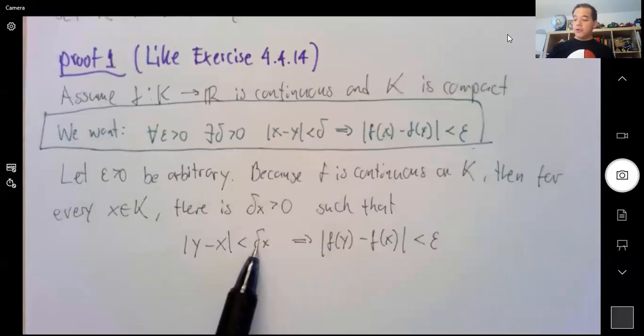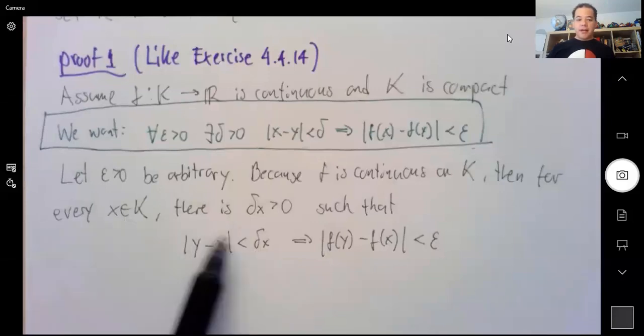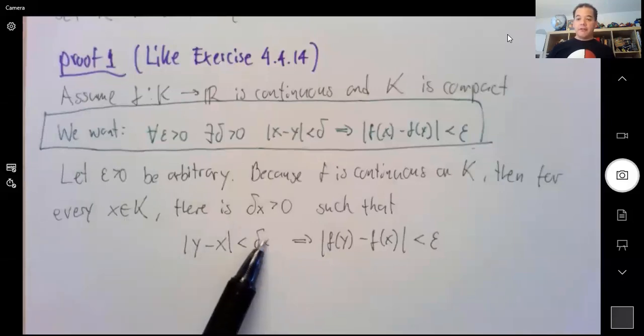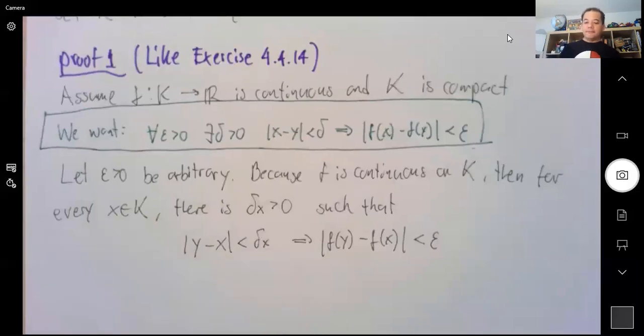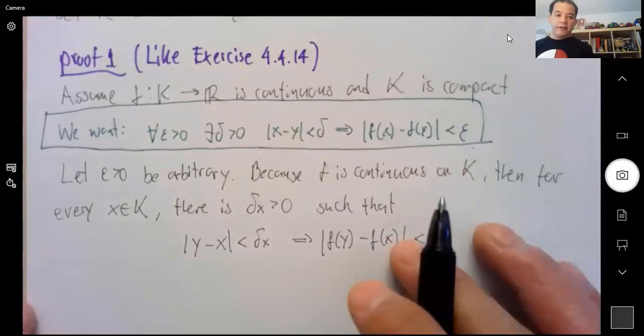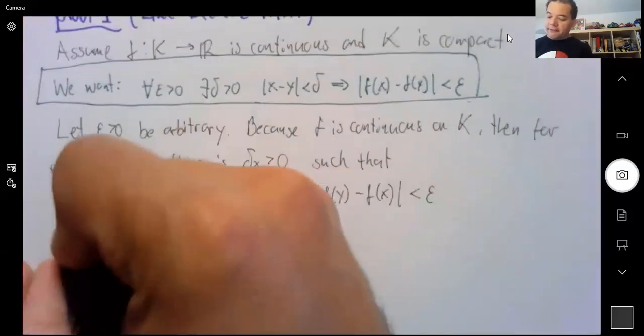So what you should realize now is that every point in K has a delta, right? In other words, you can ask yourselves the following question: what are the points that can work with x? The points that work with x are the points that are on this delta neighborhood around x. So that's the open cover we're going to consider.